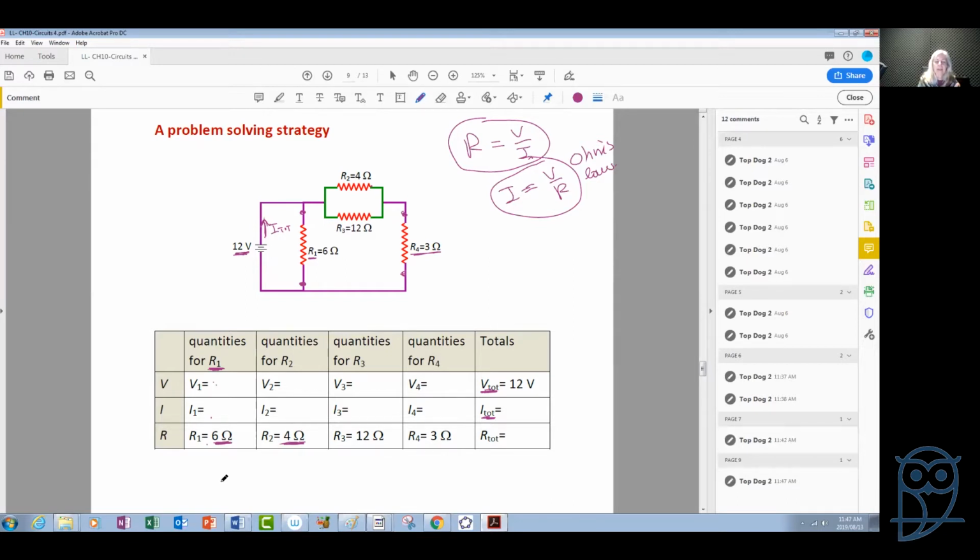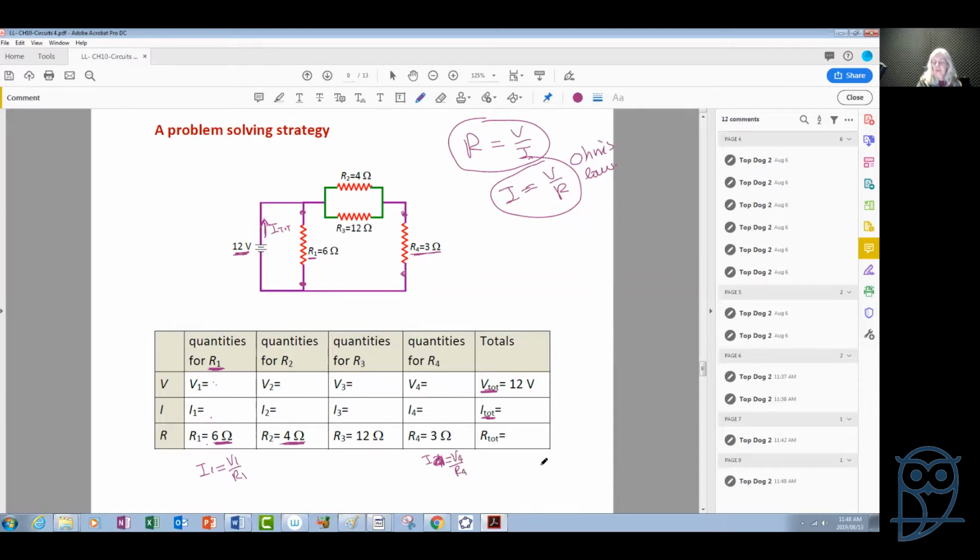But the important aspect for now is to understand that we can only apply Ohm's law in one column, a vertical column. We cannot mix and match values. We can only apply it with the values in one column. For example, this would be I1 equals V1 over R1. The same here, that would be I4 corresponding to resistor R4 equals V4 divided by R4 and so on.